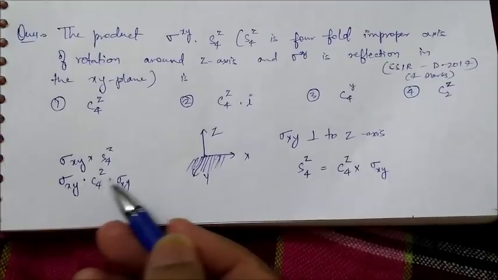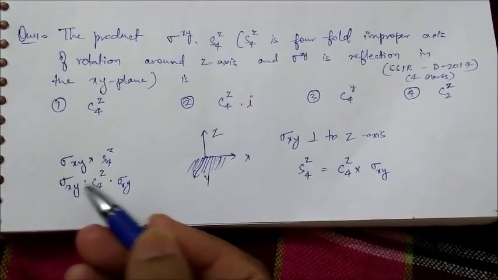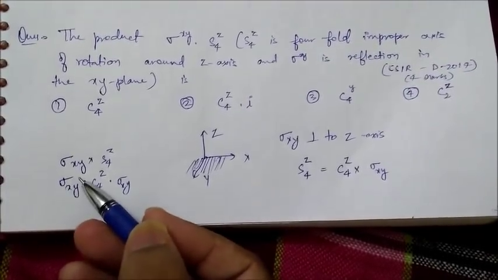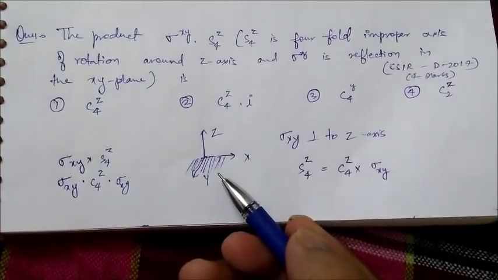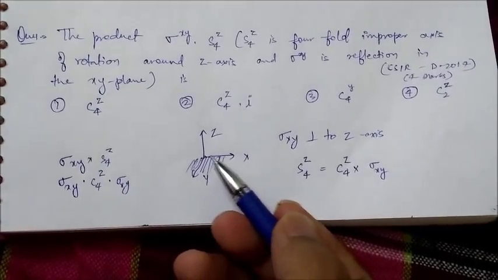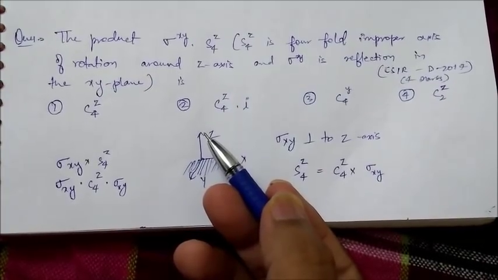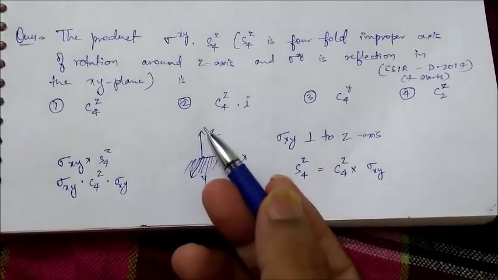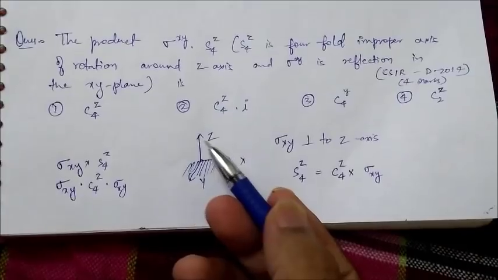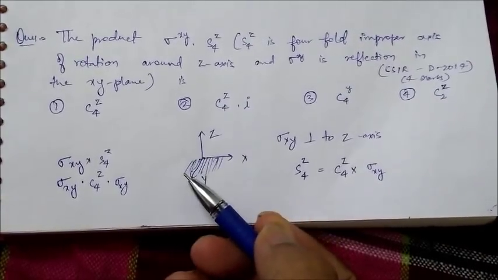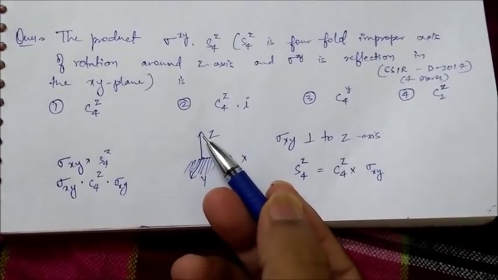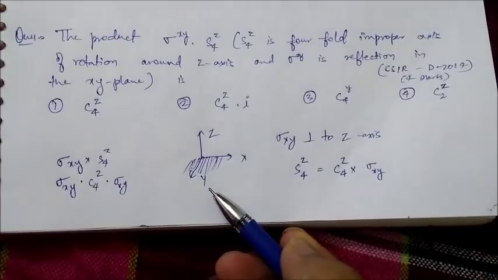See, the product of two same planes: if you apply the xy plane, it will invert the axis, and if you apply the same plane again, it will again invert the axis. Means in total the axis has remained in its own position. See how? If I apply sigma xy once, then what will happen? It will reflect the z direction into the negative z direction.